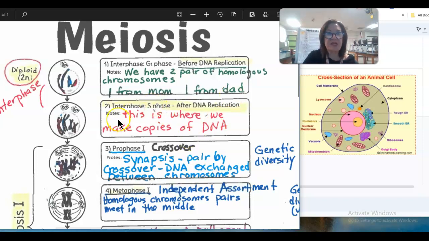The next one I have here is interphase again, but this is the S phase. So this is where we have DNA replication. If you look at this image, you can see now from the first one that we have another copy to make that chromosome, right? So they were sister chromatids.